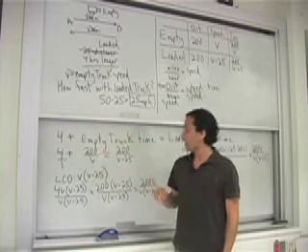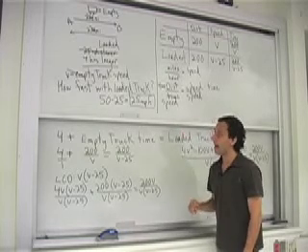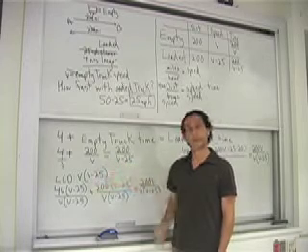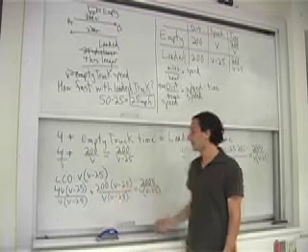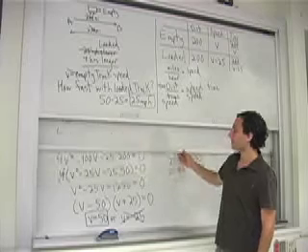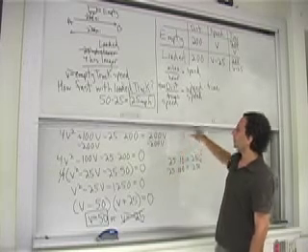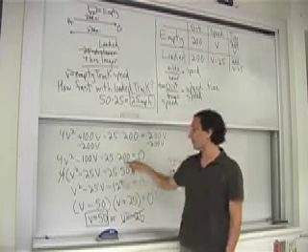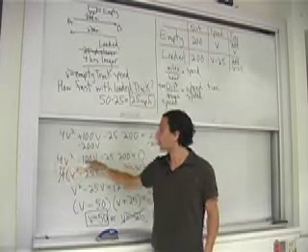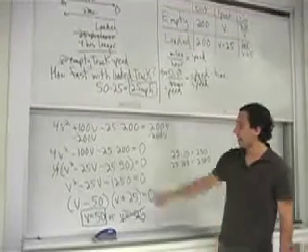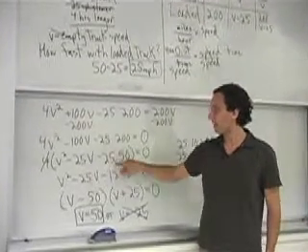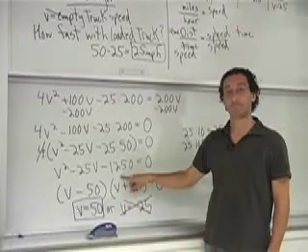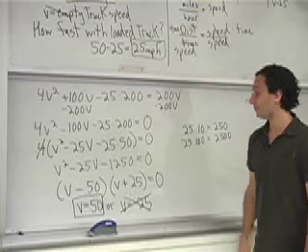Then I developed my equation, and then I used the tools that I have to solve this type of equation, namely a rational equation. To solve this, I found the least common denominator. And then going through the process, I came down to a quadratic equation. I made things simpler for myself by factoring the 4 out. And then after a little bit of thinking or a little bit of staring, I realized I actually knew some factors of 1250 whose difference was 25.